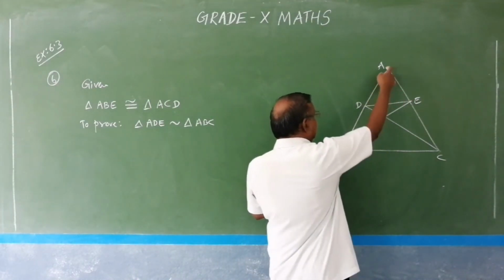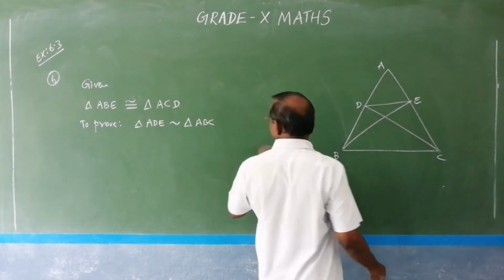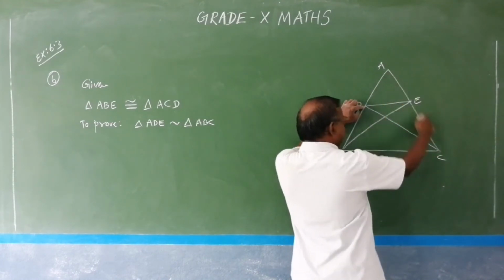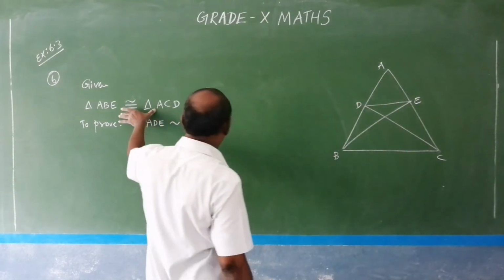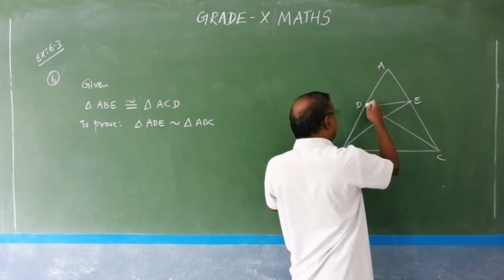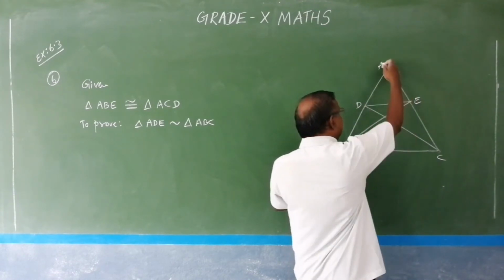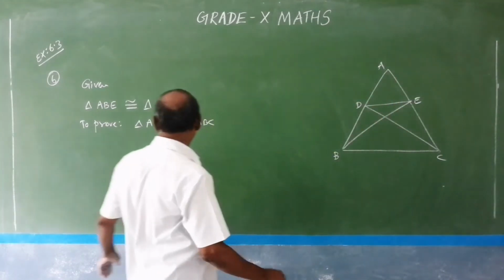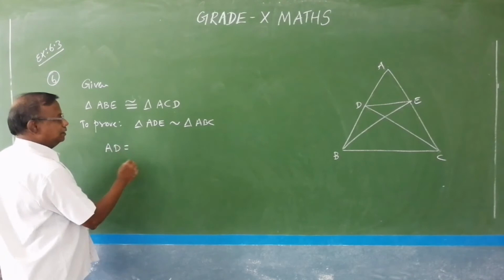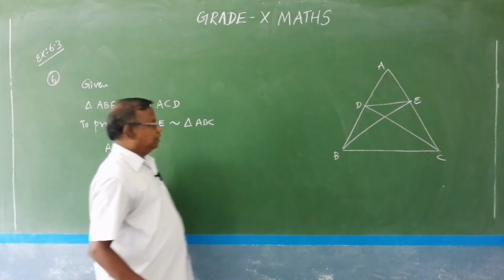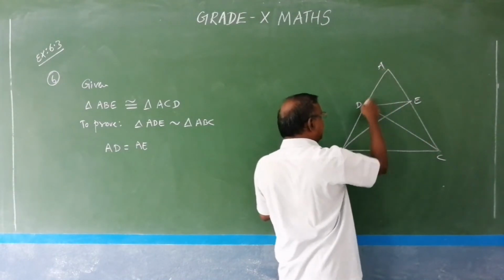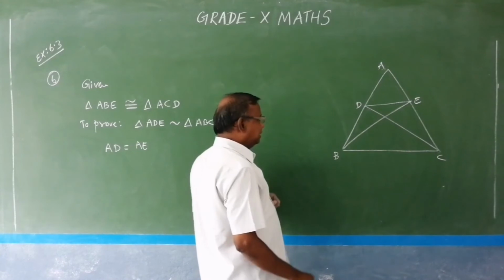ABE means this part, and another one is ACD. ACD means this triangle ACD. So these two are congruent. Therefore, in triangle ACD and triangle ABE, AD equal to AE by CPCT. Because triangles ABE and ACD are congruent, AD equal to AE.